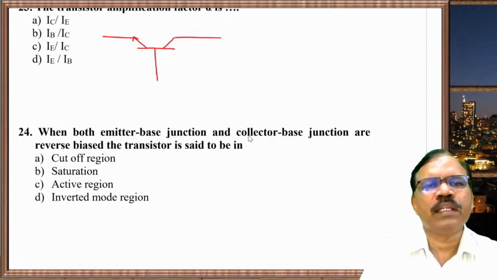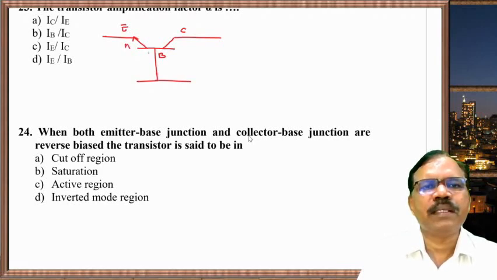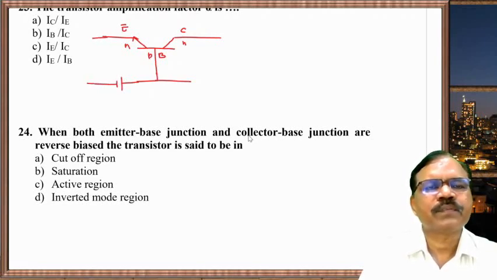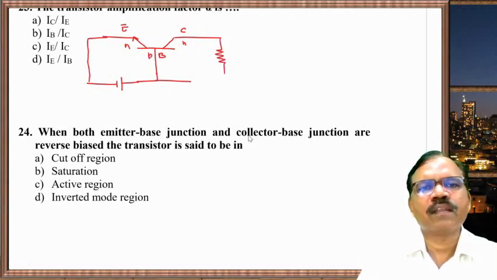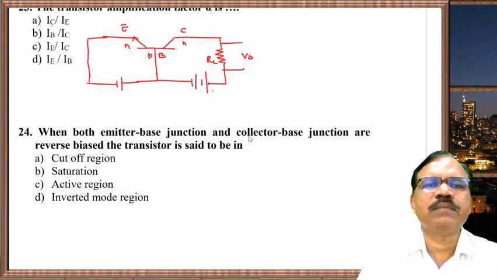We give input in the emitter circuit, with E, B and C. For biasing this is P, and we take output in the collector circuit, V0, across RC. The collector-base junction must be reverse biased.